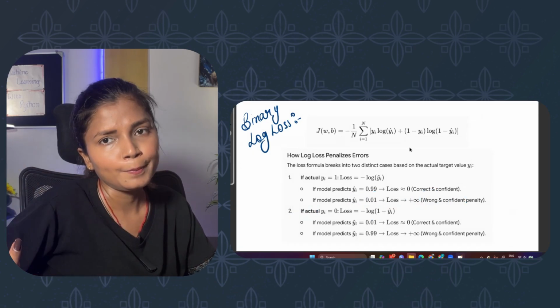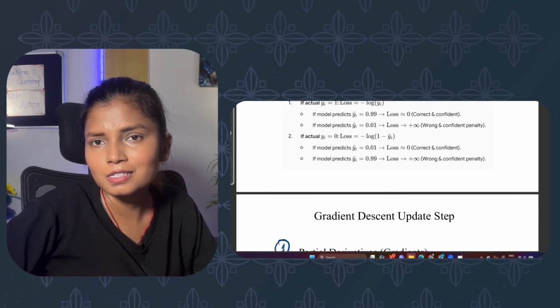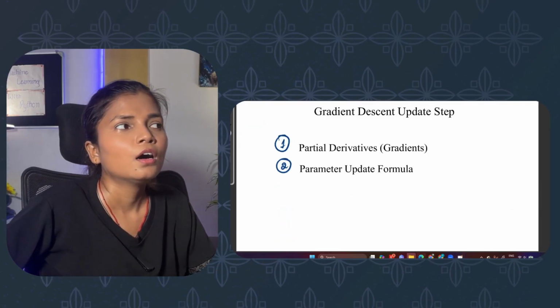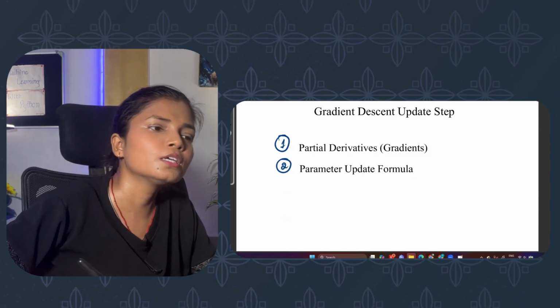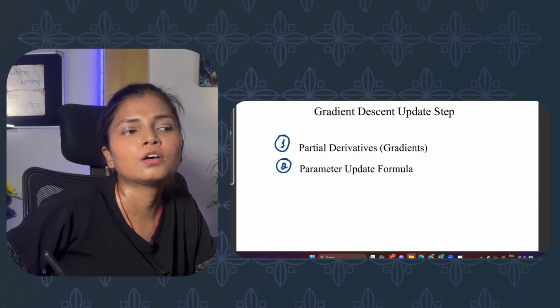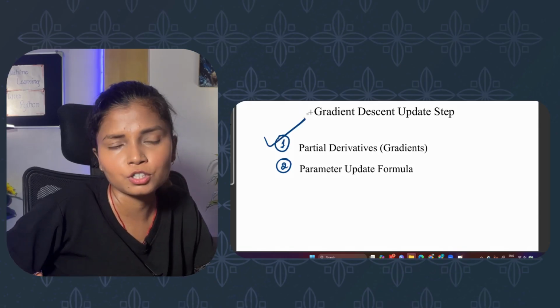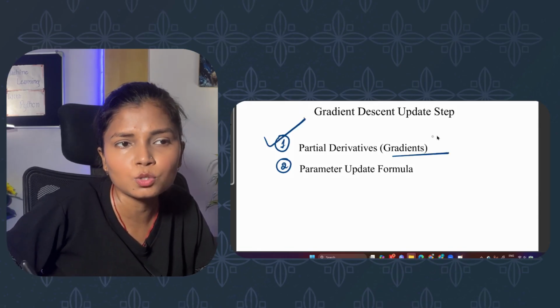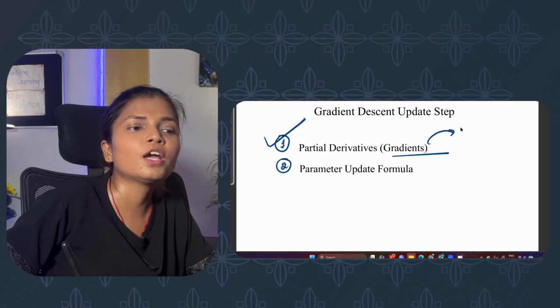Then we apply gradient descent, obviously, just like for other algorithms. In this case we use partial derivatives to get the gradient, and whatever values we get for b and w after the calculation, we update them.